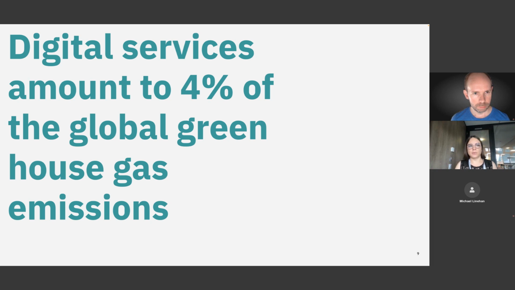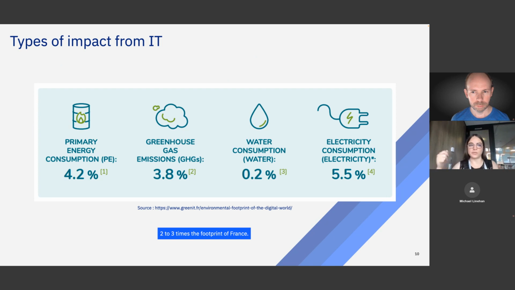And still it matters, because digital services, as of right now, amount to 4% of the global greenhouse gas emissions worldwide. So it's more than aviation, so more than all the planes that fly into the atmosphere. Digital services produce more greenhouse gas.